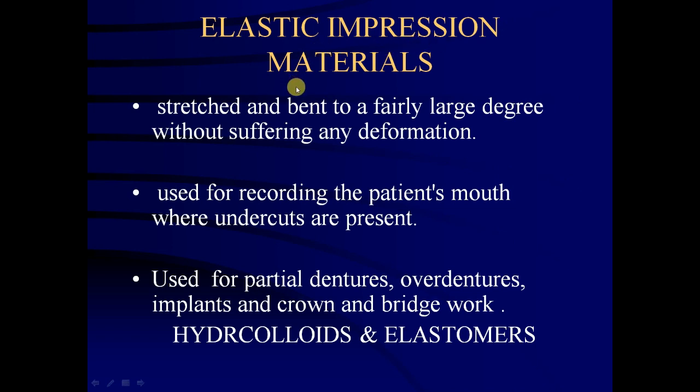Elastic impression materials stretch and bend to a fairly large degree without suffering any deformation. These are used for recording the patient's mouth where undercuts are present. These are used for partial dentures, overdentures, implants, and crown and bridge work. Basically, these are hydrocolloids and elastomers.